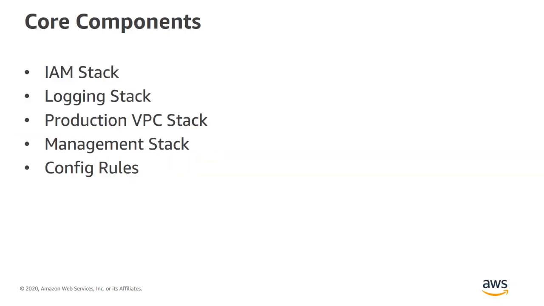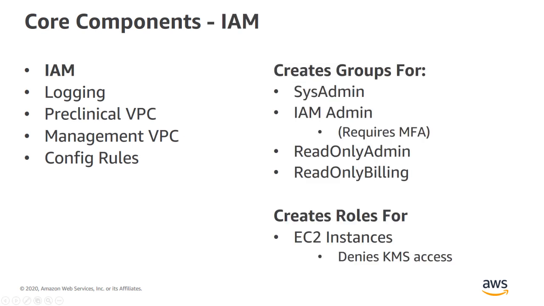Some of the other things pictured there that we'll dive into include creating a set of best practice employee role-based groups and IAM policies associated with those groups based on job function. For example, system administrator, IAM administrator, and read-only billing administrator for your CFO.